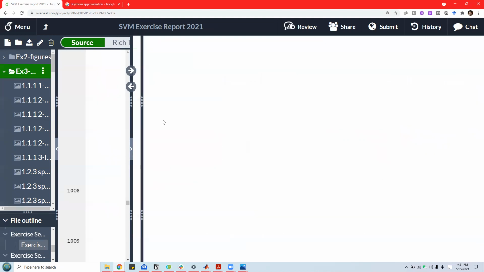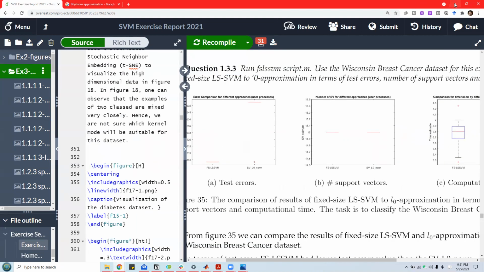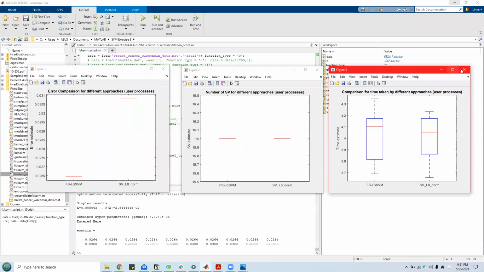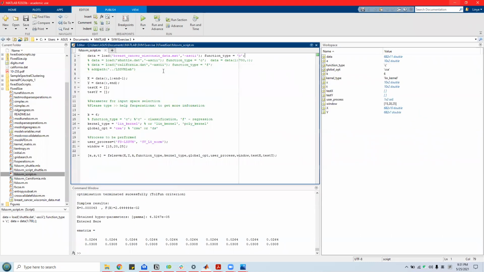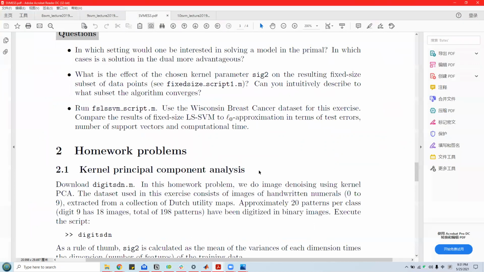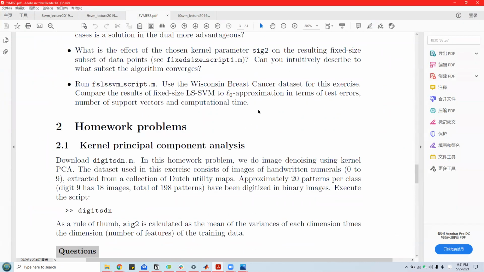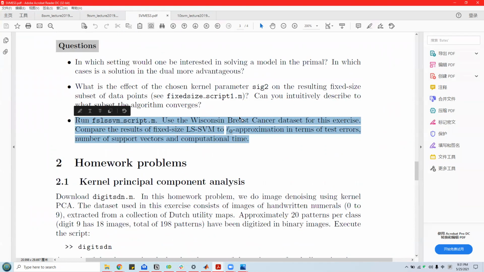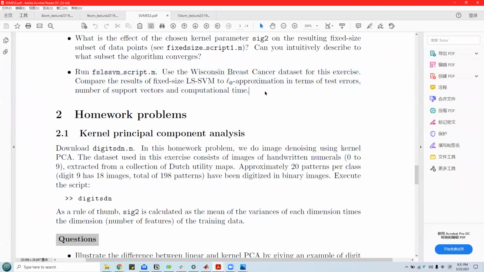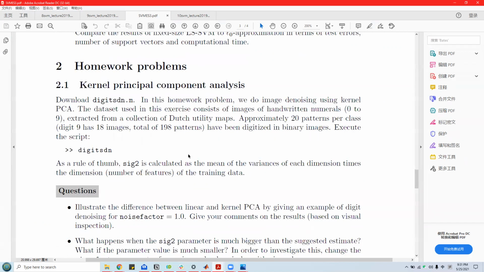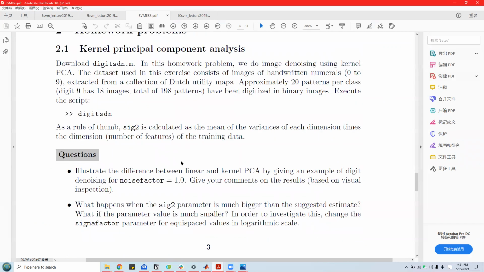Okay. Any more on this? Just let me know if you still have some question later on. But actually, the homework is quite straightforward now.